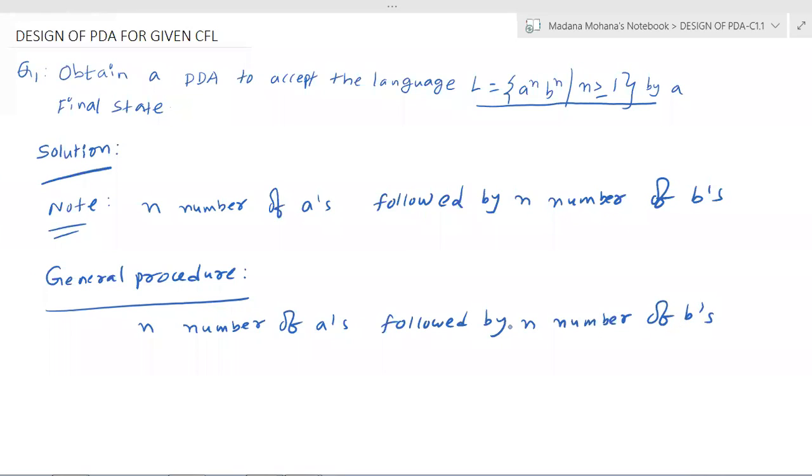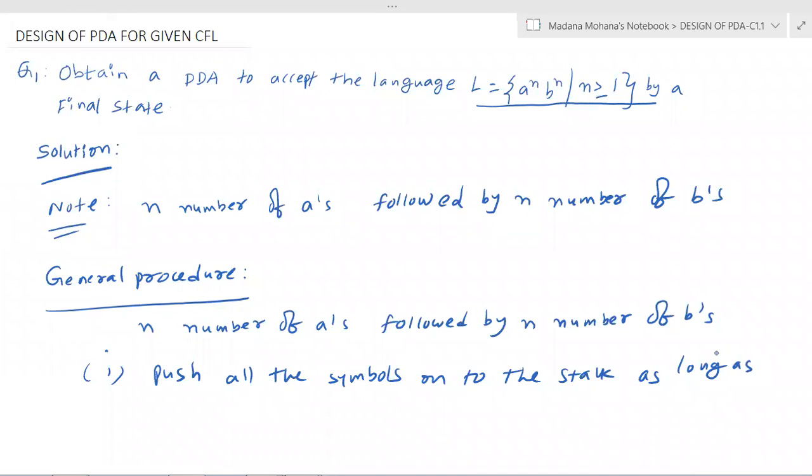So here what you have to do is push all the symbols onto the stack. So the first step: push, push means insert, all the a symbols onto the stack as long as the scanned input symbol is a.